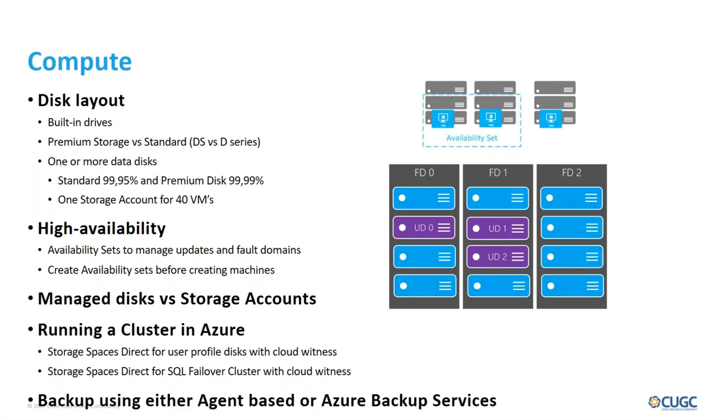You need to create availability sets before you create a virtual machine, because you cannot move a virtual machine to an availability set after it's been provisioned. And this is basically because of the placement rules that Microsoft has when you set up virtual machines. So let's say I have 2 domain controllers, which I set up in an availability set. I add those 2 domain controllers to the availability set when they are being provisioned.